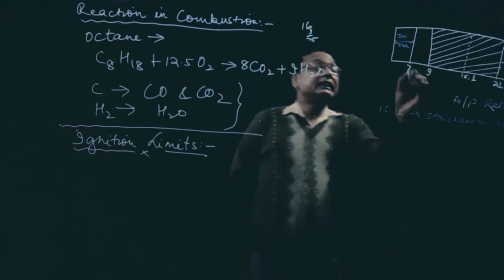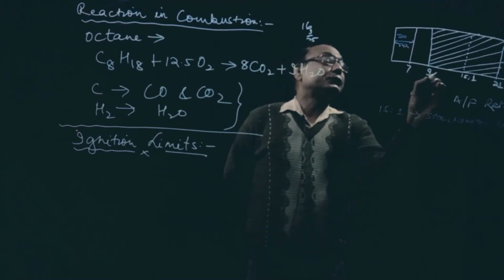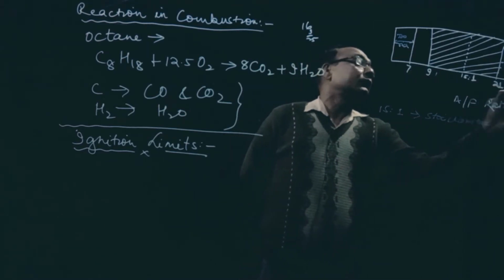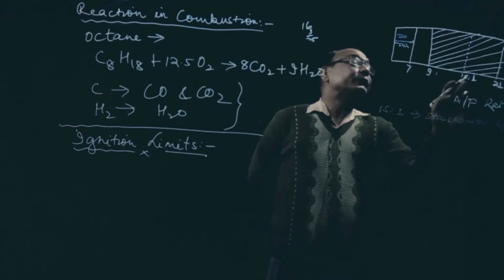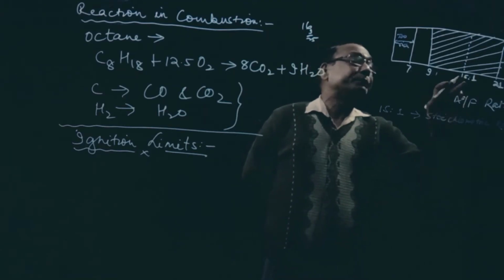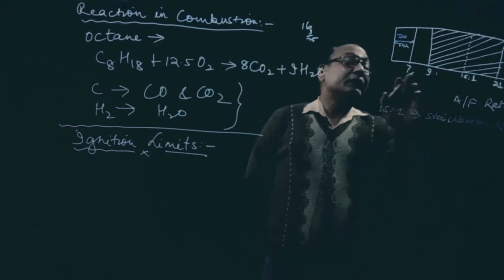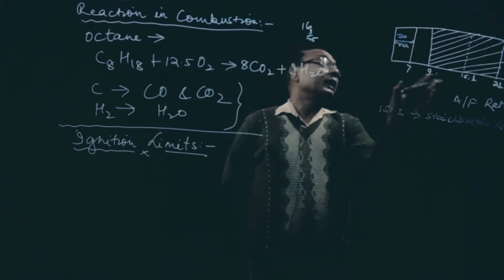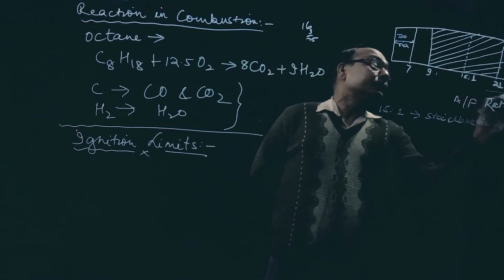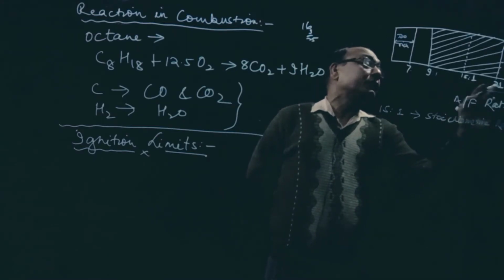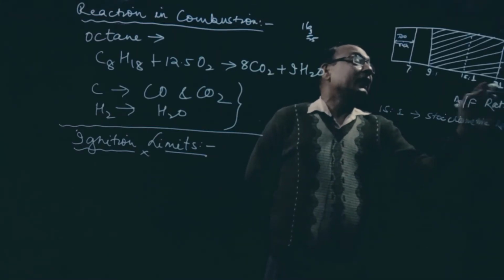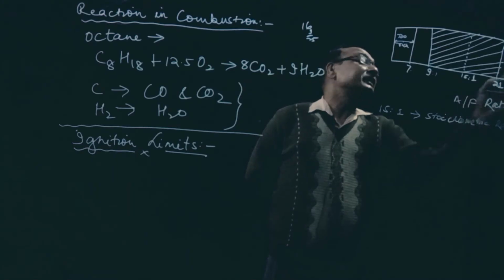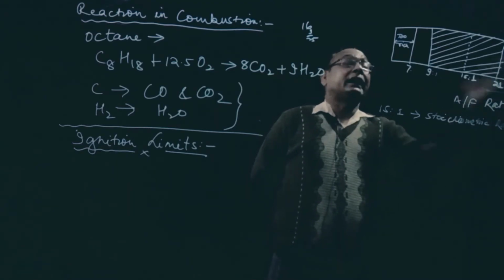See here, it is 7:1 or 9:1, 21:1 or 30:1. Now 15:1 means air is 15 kg, fuel is 1. Here air is 7 kg and fuel is 1 kg. That is why it is called rich fuel. And on this side, air ratio is going to increase and fuel is the same. So this is called lean or weak fuel.